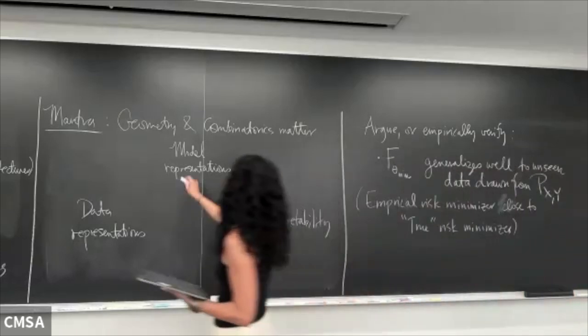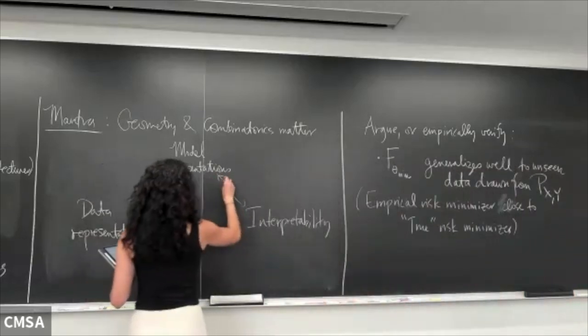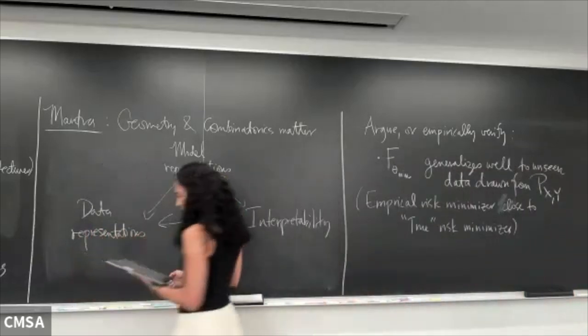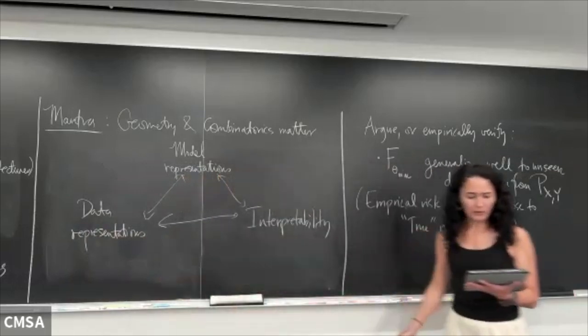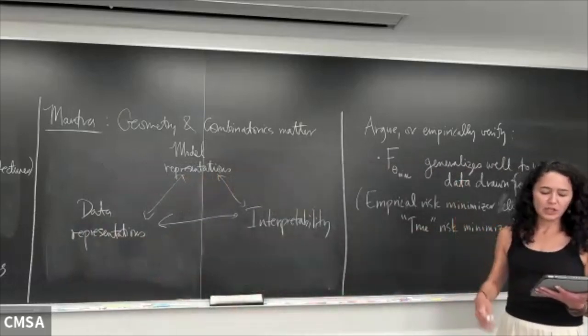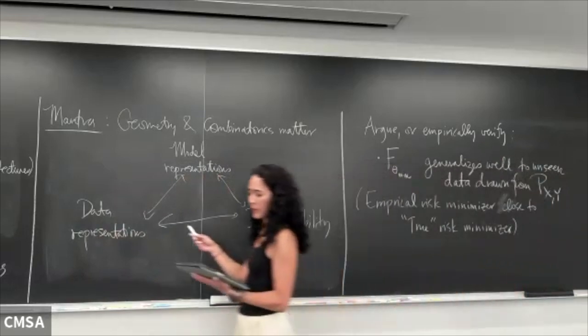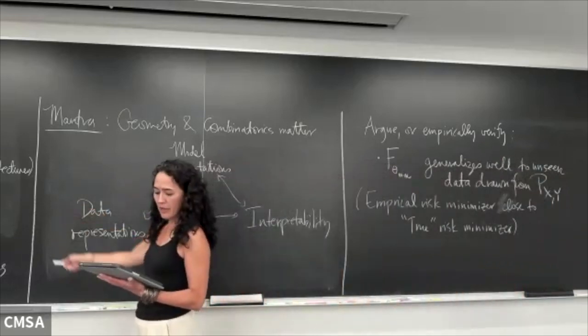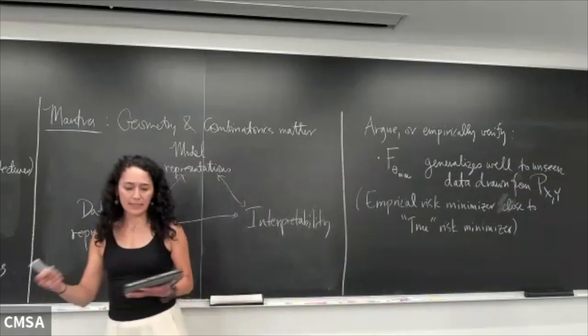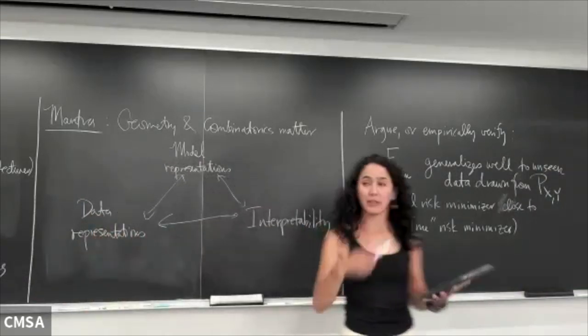There's a lot here, so maybe I won't list everything, I'll just say some things out loud. In particular, there are geometric biases in data representation and optimization algorithms.